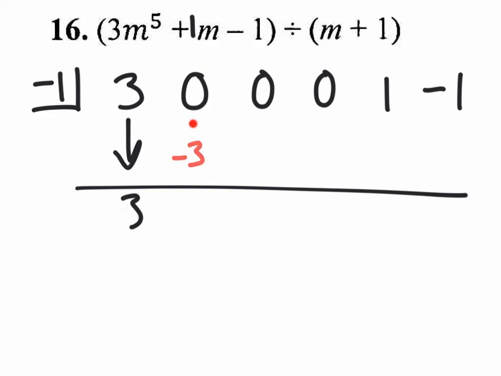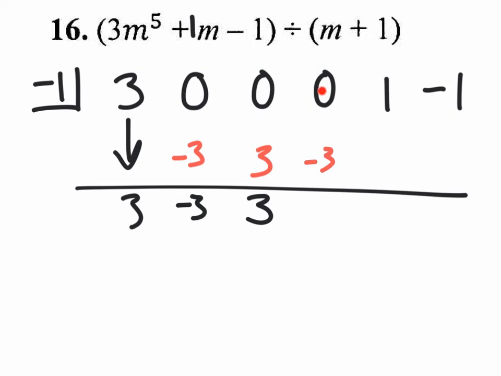And once again, when you go down, you combine. So 0 minus 3, that's -3. Okay, and then when you multiply, -1 times -3, that's +3 up here. And then when you go down, you combine. 0 plus 3, that is 3. And then over here, you multiply. -1 times 3, that gives you back a -3.